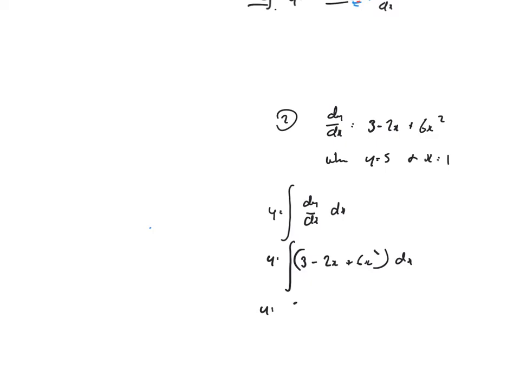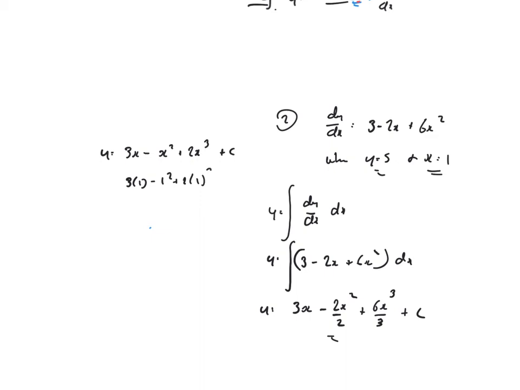Integrate the constant, you get constant times x, so 3 becomes 3x, then it's minus 2x squared over 2 plus 6x cubed over 3 plus the constant of integration. Simplifying, that gives me y equals 3x minus x squared plus 2x cubed plus c. I can now make my substitution. When x equals 1, y is equal to 5.